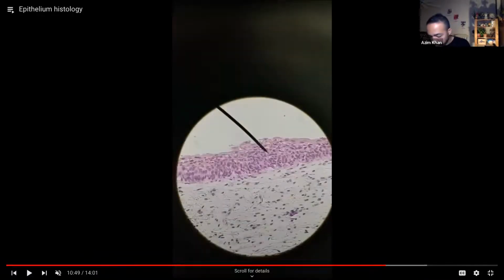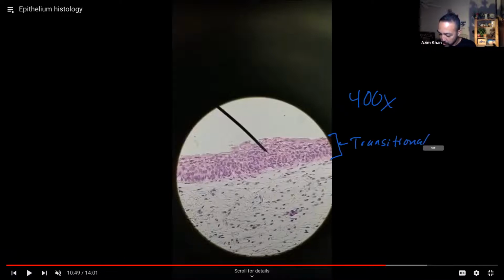All right, here is 400x. If you remember, hope you do, what type of epithelial tissue are we looking at here? This is transitional. You can see the cells are all different shapes and there's no real perfect layering.